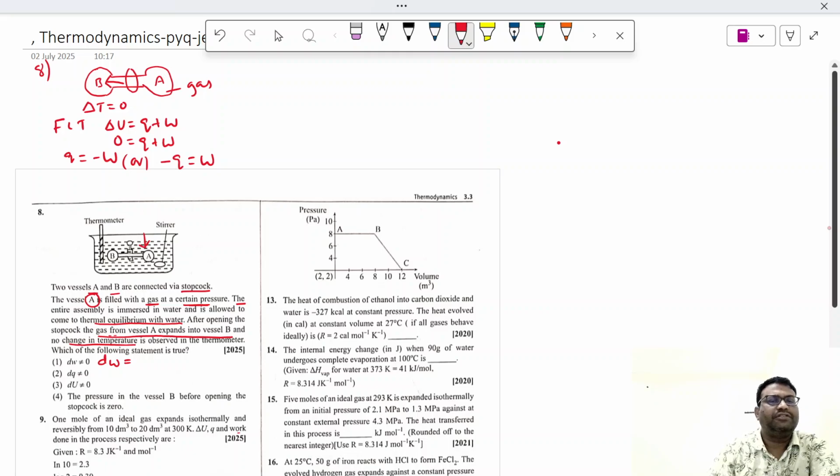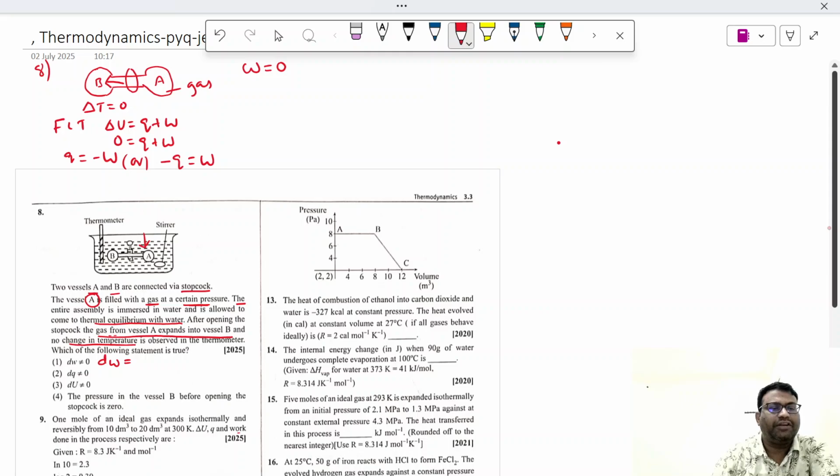That means there is one possibility, and that possibility is that work is not equal to 0. If some work was being done, then there must be a change in the heat. If there is a change in the heat, the temperature must change.